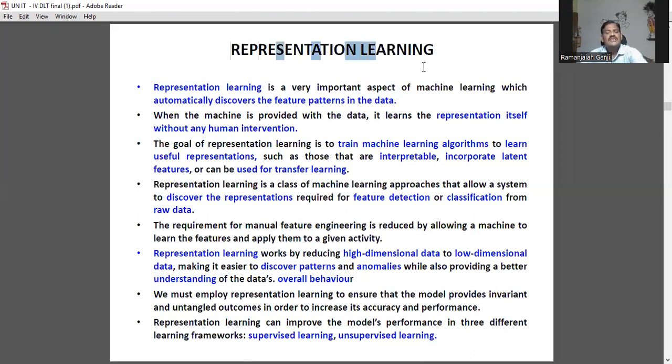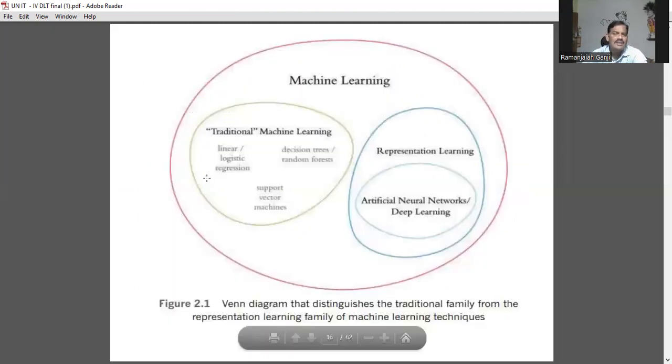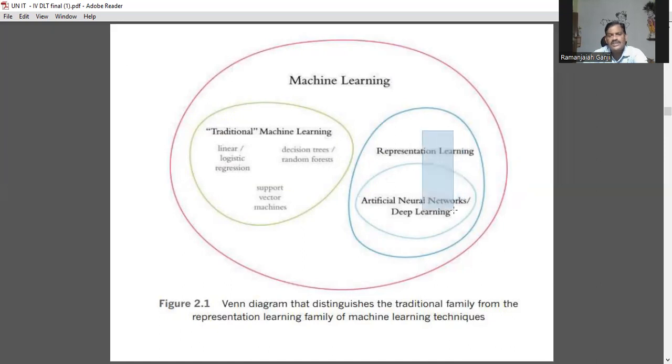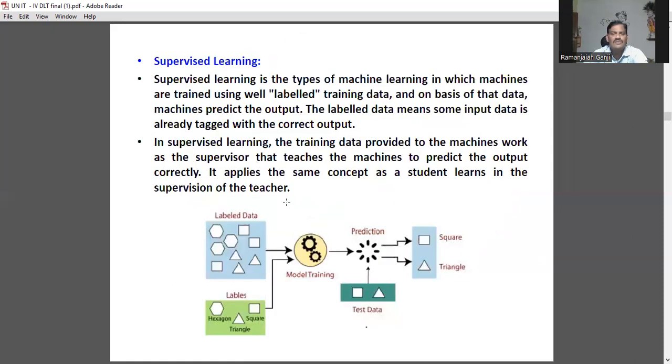Next one, representation learning. I already told you, traditional machine learning is different from representation learning. ANN and deep learning come under representation learning, whereas traditional machine learning covers linear or logistic regression, decision trees, random forest, support vector machines, and so forth.